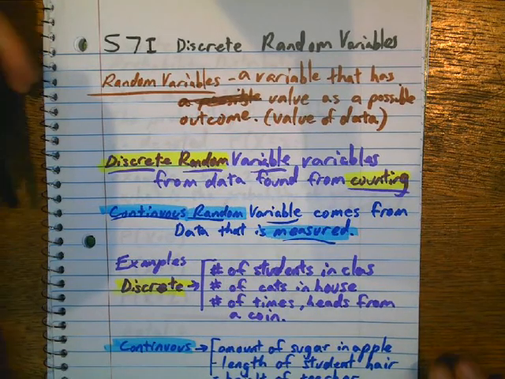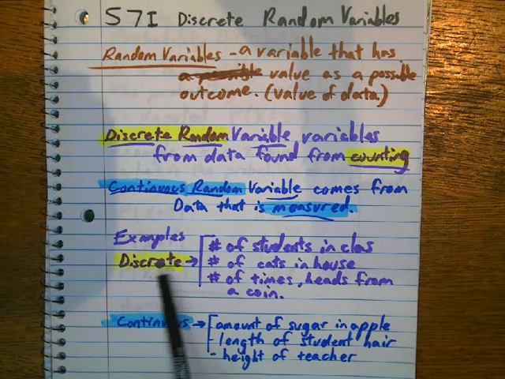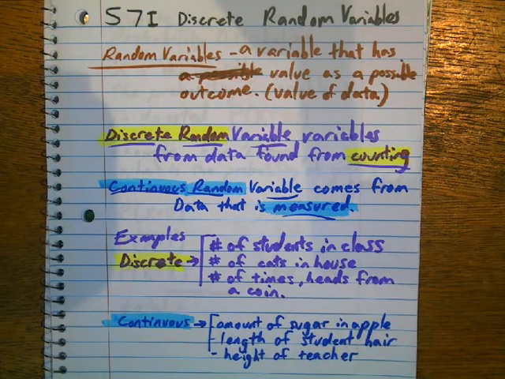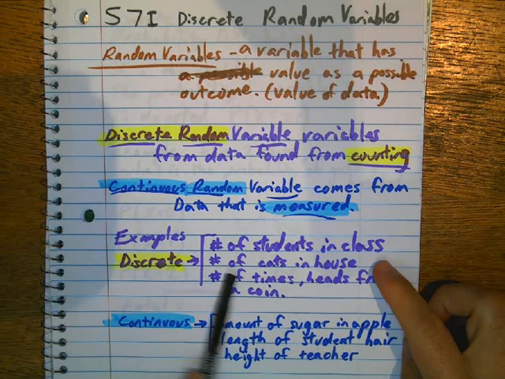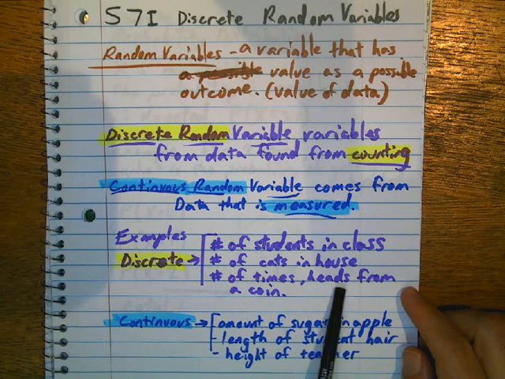So let's look at some of the examples I've got here. Number of students in a class. That's something you can count, right? Number of cats in a house. That's something you can count. Number of times you can get heads when you flip a coin. That's something you can count.